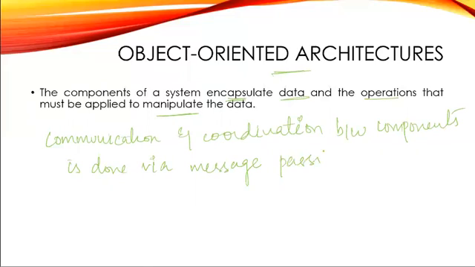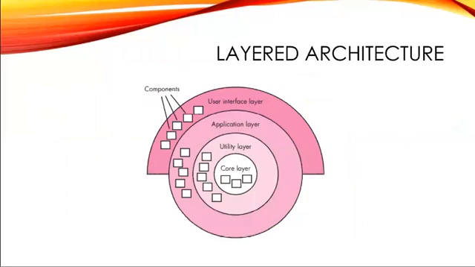I've already discussed what message passing is. Suppose there is a component 1 and a component 2. Whenever component 1 and component 2 want to communicate, one is going to send a message to component 2. When component 2 receives this message, it gets to know what tasks need to be done. The same thing can be done by the other component also. This is your message passing technique.